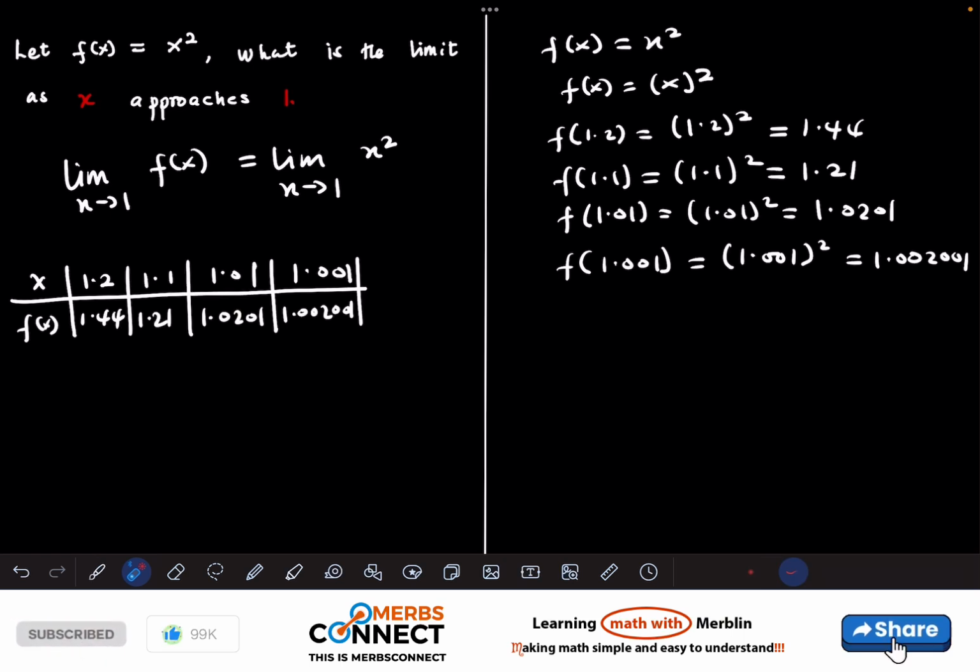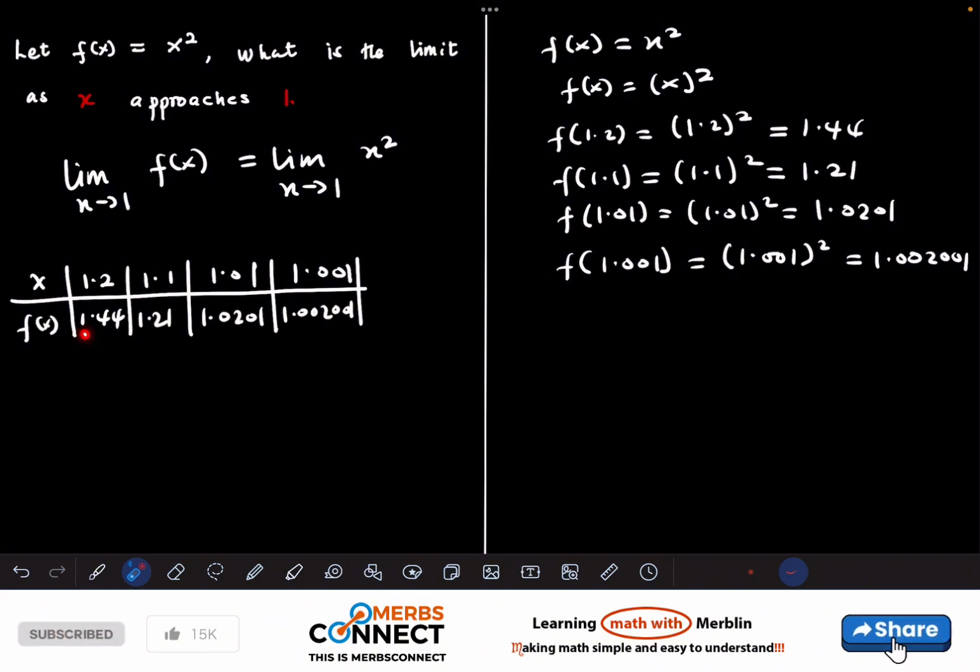The more we get close to 1, f of x also gets close to 1. Look at the table: the x values are getting close to 1, so the limit of this function is what f of x is getting close to.